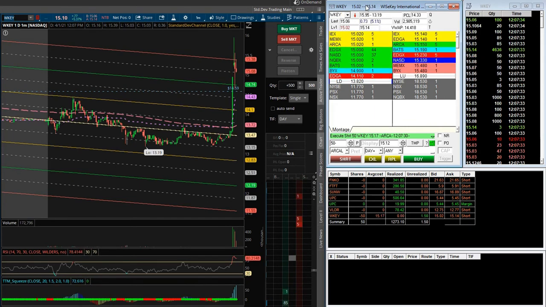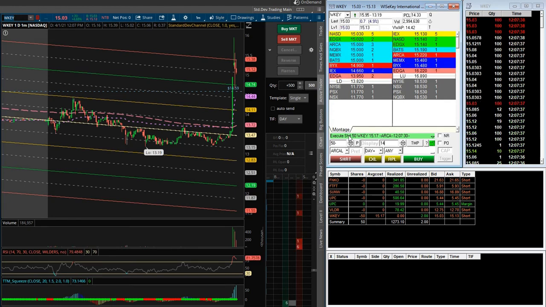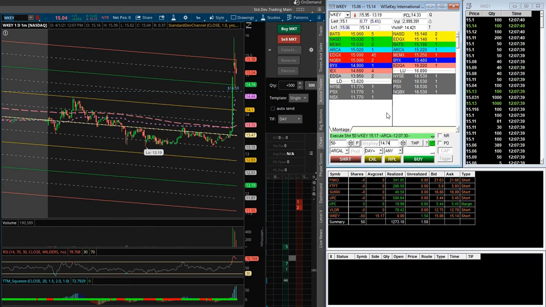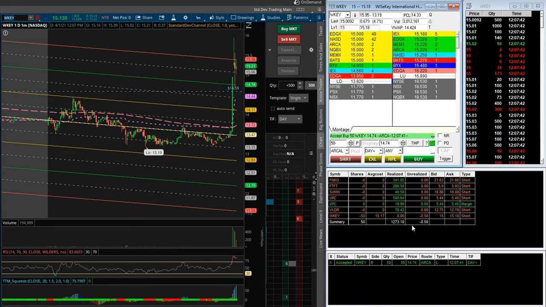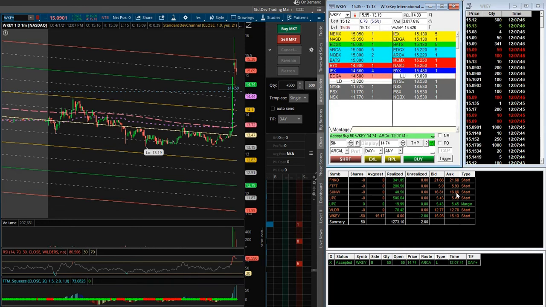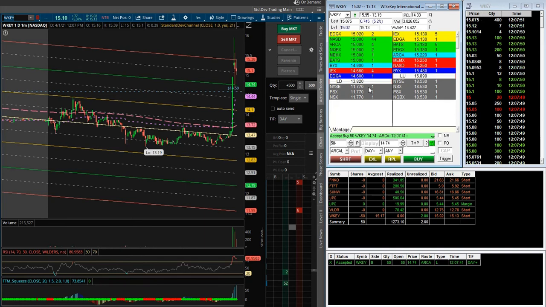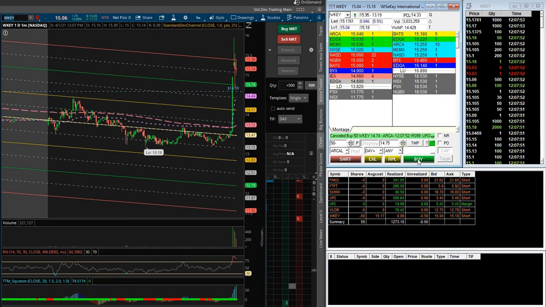Just shorted 50 shares of WKEY at $15.17. This is an example of a stock that doesn't fully satisfy my entry criteria, but it checks some boxes. So as I've mentioned before, I would either not trade it or go in with a very small share size. So I only shorted 50 shares, leaving some room to add if it spikes higher.